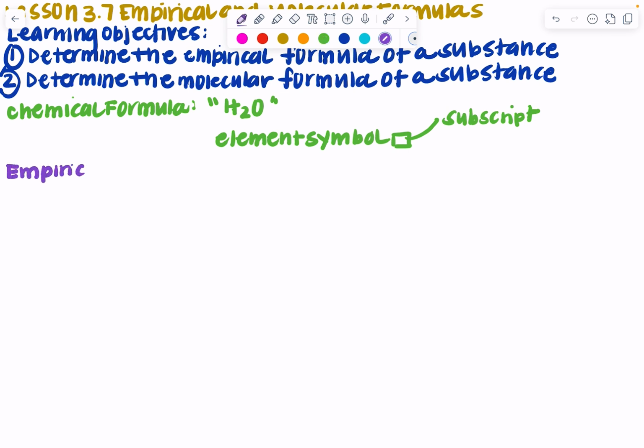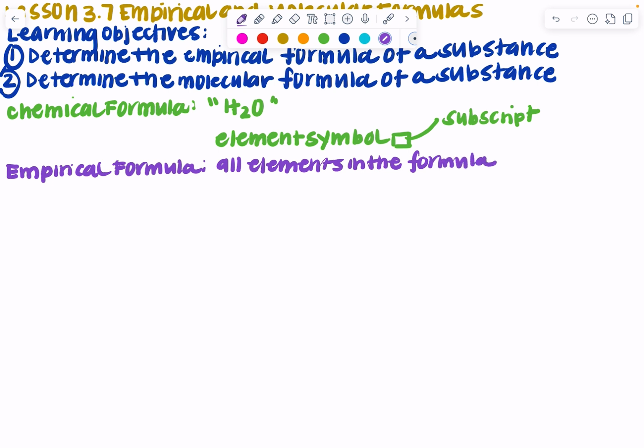An empirical formula is a formula that we see most often. This is when all elements in the formula have the least common multiple, or as I like to call it, the simplest ratio.